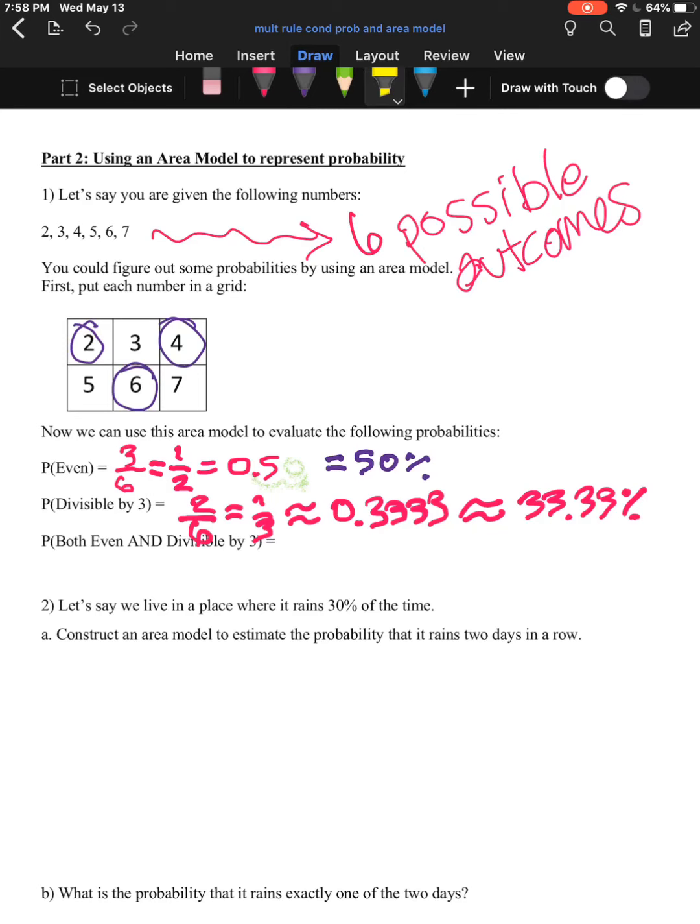And when we look at it, we see that 6 is the number which is our favorable outcome out of the entire equally likely outcome set, which is 6 numbers. So the probability that a number is both even and divisible by 3 is 1 out of 6, which is equivalent to 0.1667, converted to a decimal, 16.67%.